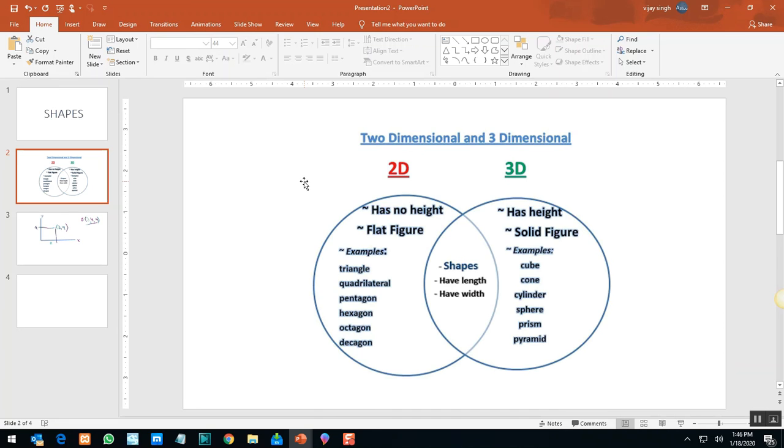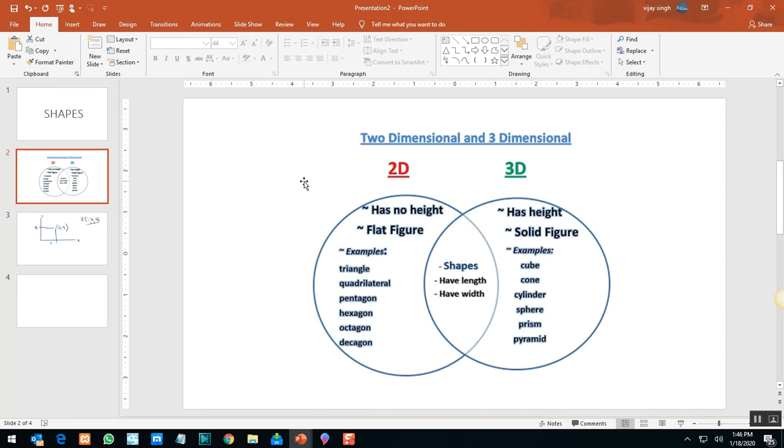Once again, tell me the flat shapes I'm talking about, which do not have any height.